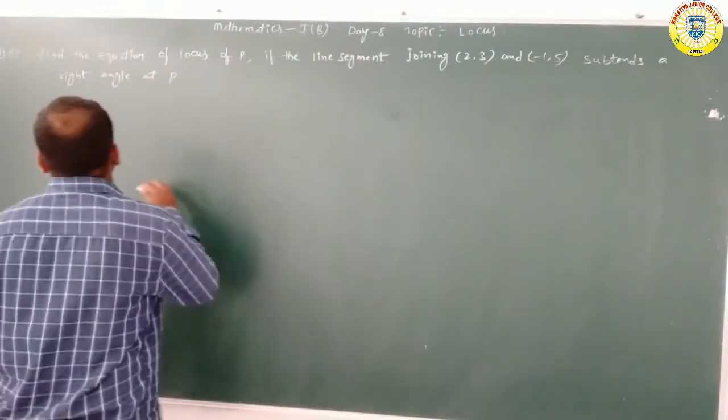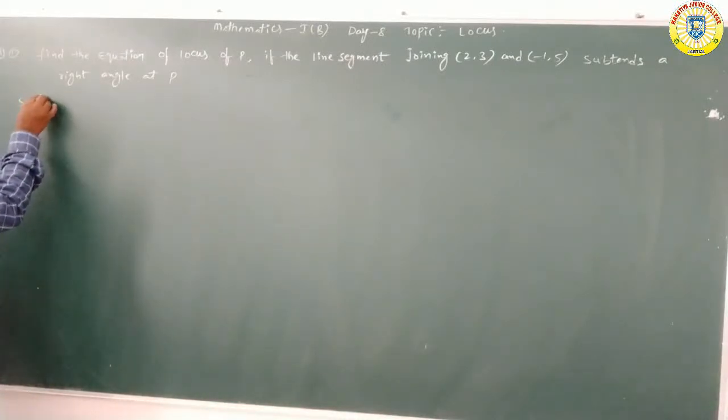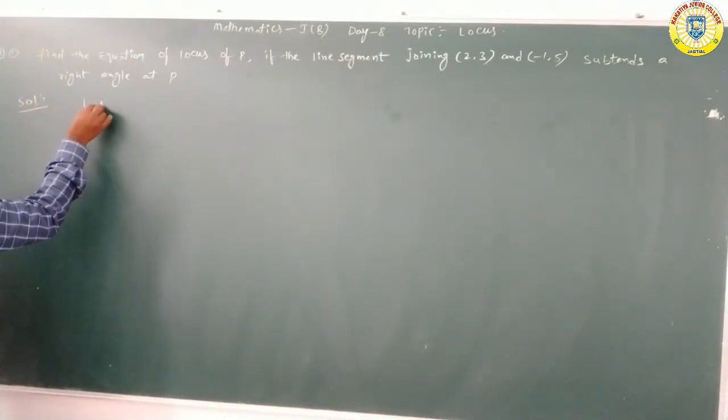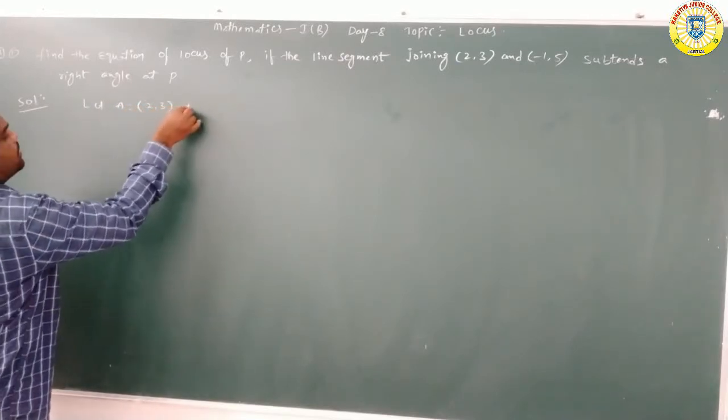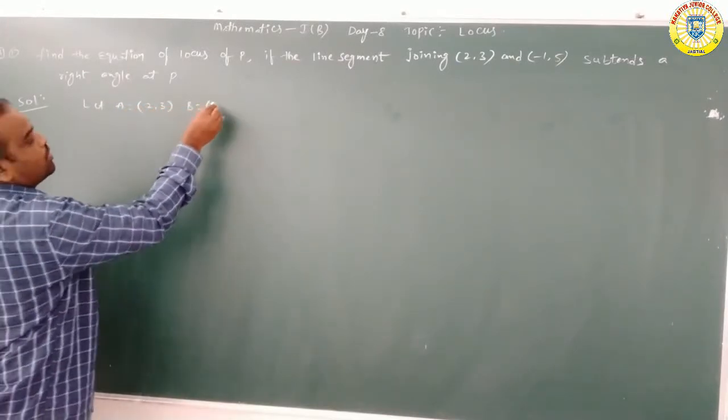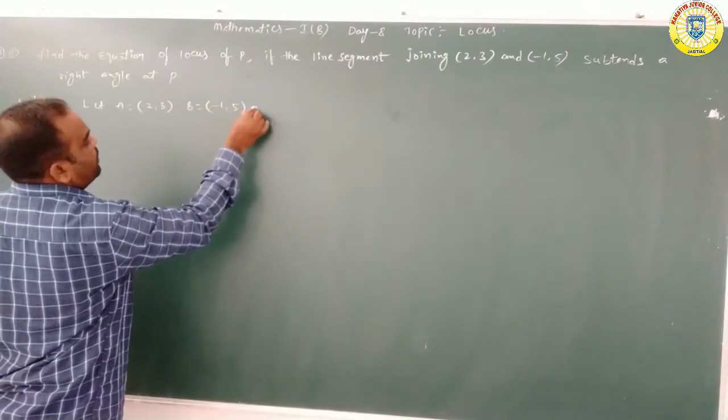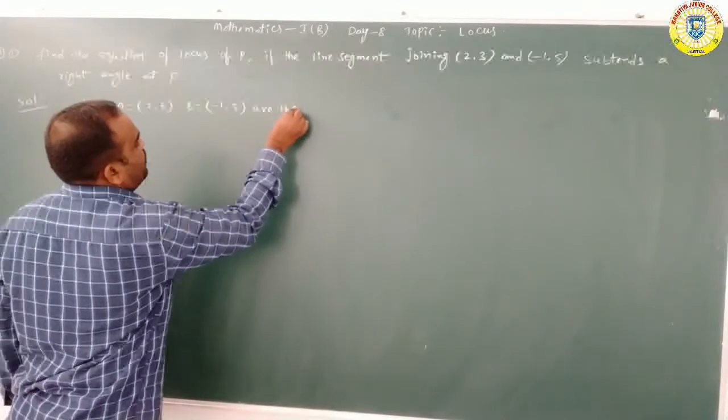Now see the solution. Let A be (2, 3) and B be (−1, 5), the given points.